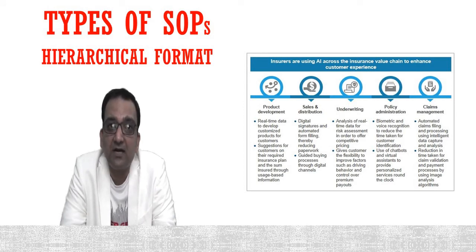The hierarchical format is used when more instructions are needed to complete a specific task or process. As a simple example, if step 1 tells team members to log into their account, step 1A might direct individuals to put in their username and step 1B might direct them to put in their password.